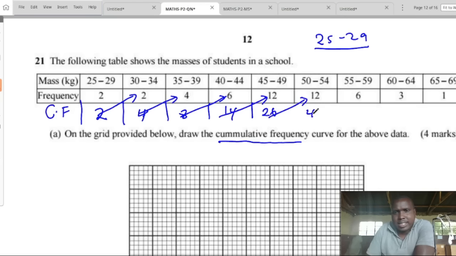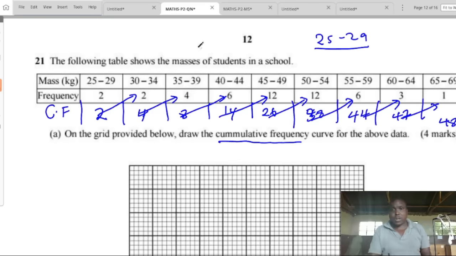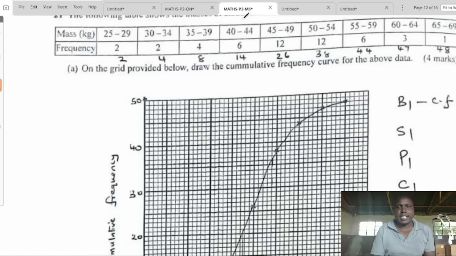This is 38. 38 plus 6, that is 44. You go this way, 47. You go this way, 48. So the total, according to the way you have added, is 48, and that is correct. So that is how you get the CF.